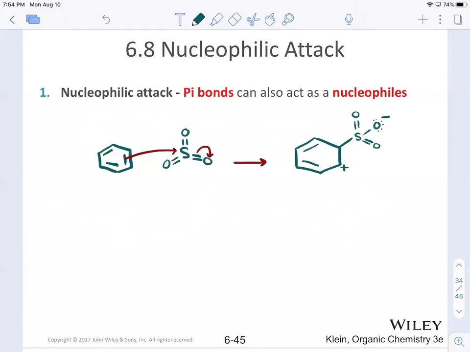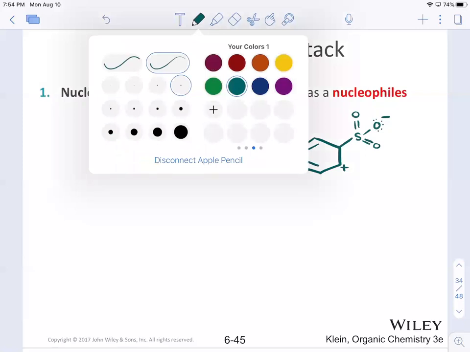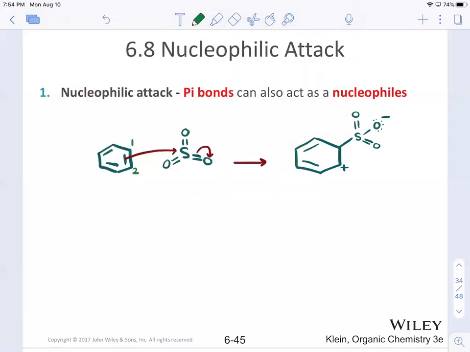Only one carbon atom from the pi bond uses the pair of electrons. So notice here, carbon number 1, carbon number 2. Only one carbon can collect that new bond. The other one will get a positive charge when a pi bond reacts as a nucleophile. There again, there's the nucleophile, and that sulfur is the electrophile.